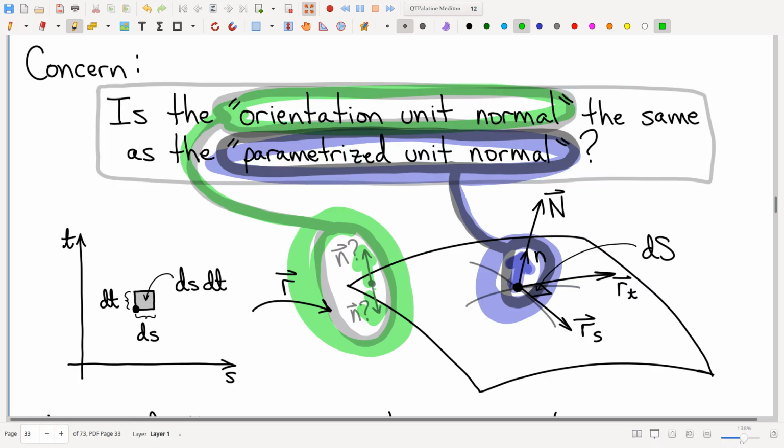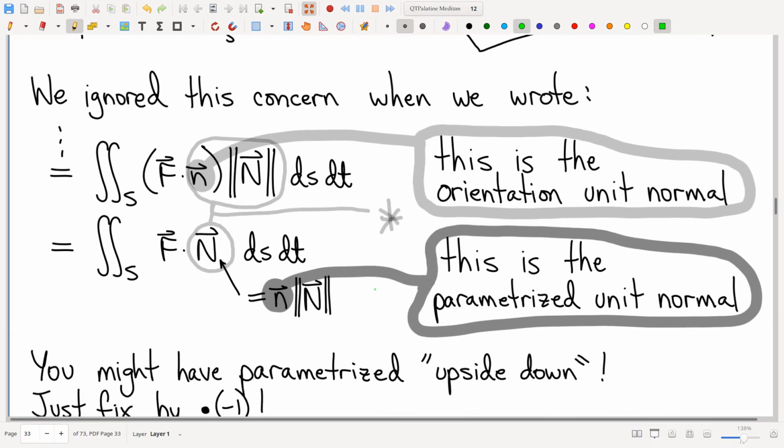Everybody see the problem? Now this is subtle because very often we use lowercase n to refer to the parametrized unit normal, and we also use lowercase n to refer to the orientation unit normal. So from a characters-algebra standpoint, it's really easy to mess up. This is where I committed the math crime on the previous page. I turned this into this, and I put the asterisk there.